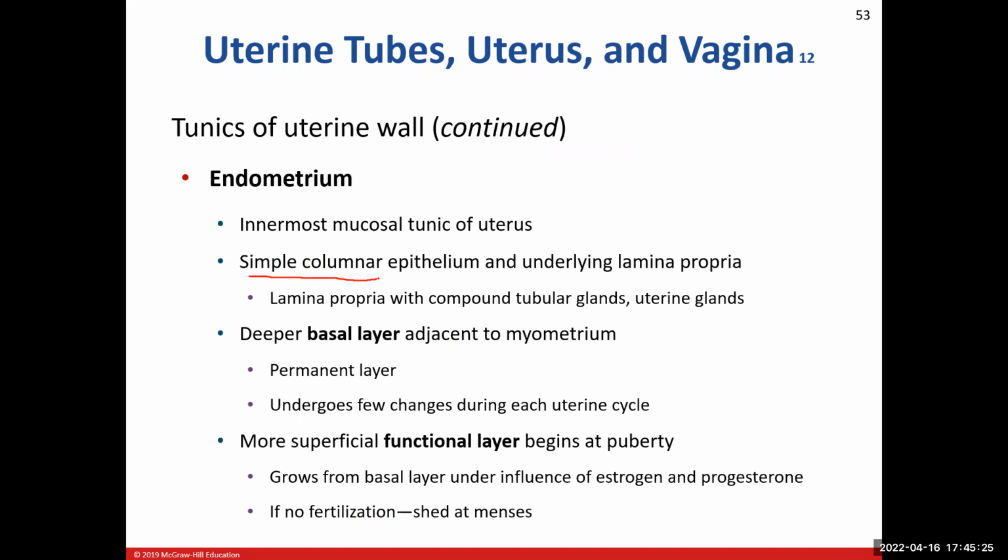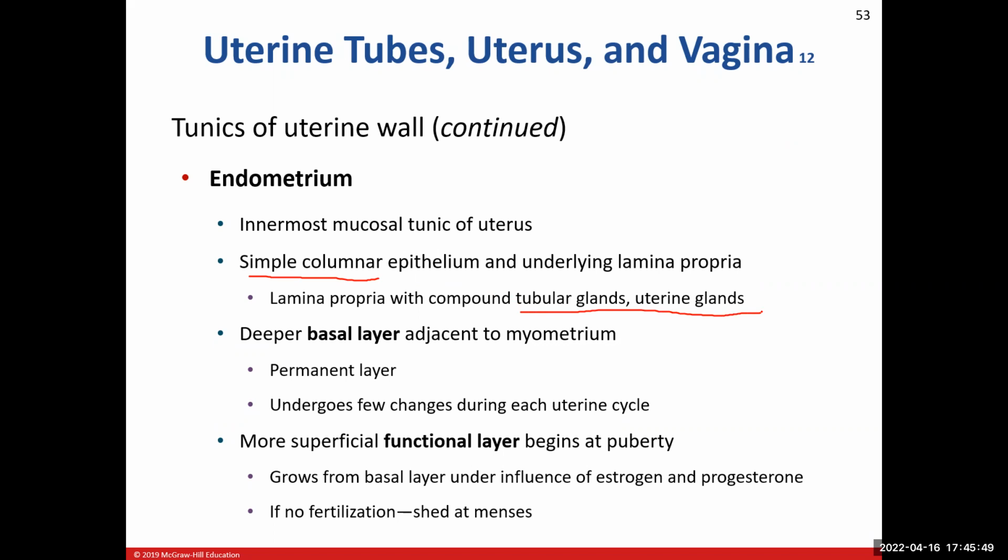And of course, underneath our epithelium, we always will have our lamina propria, and then underneath that is usually where we'll start to see our connective tissue. In our lamina propria, this is where we're going to find all of those glands that I was telling you about, that are developing during the release of progesterone and estrogen.